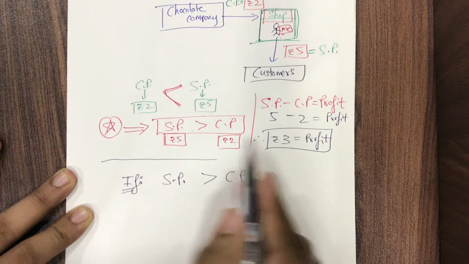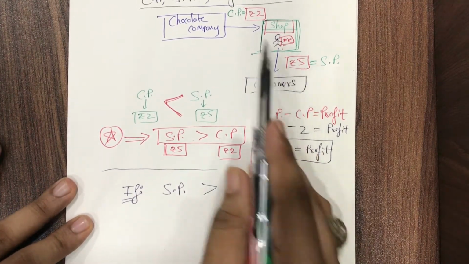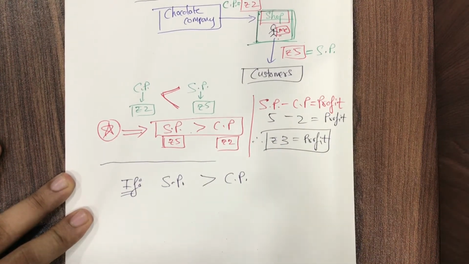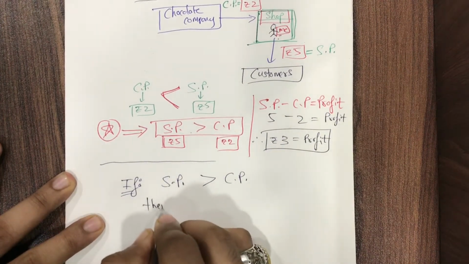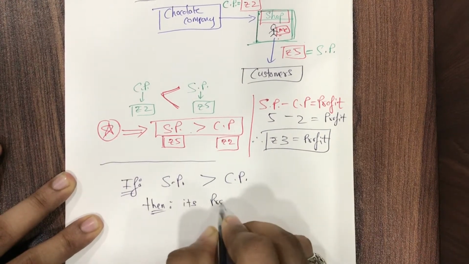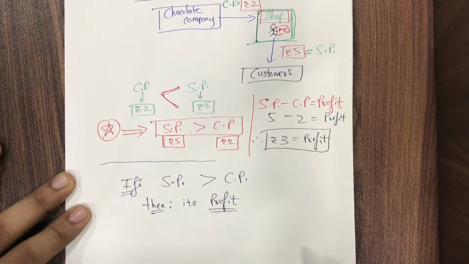What happened in our case? Selling price was rupees 5 and the cost price of the chocolate was rupees 2. If selling price of any commodity is greater than the cost price, then it's profit.